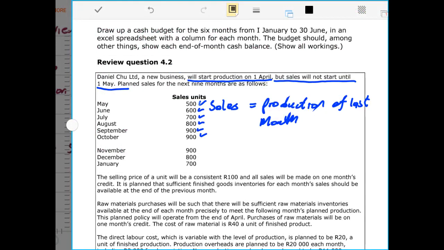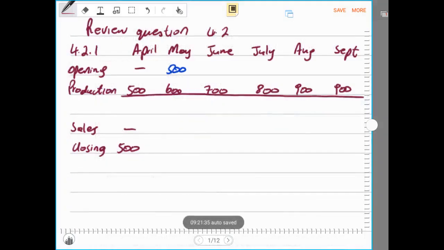These are the sales for the current month, which are the production of the previous months. So our sales for May is 500, 600 for June, 700 for July, 800 for August, and 900 for September. These are the sales that we have.